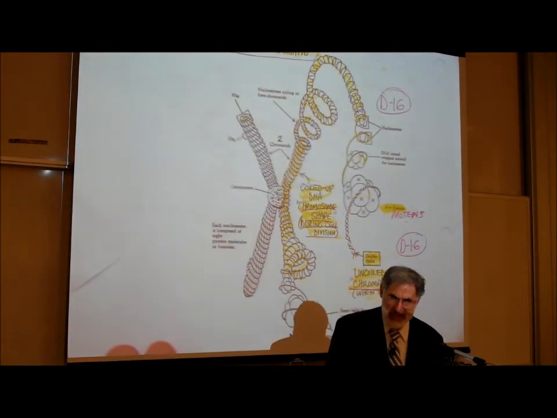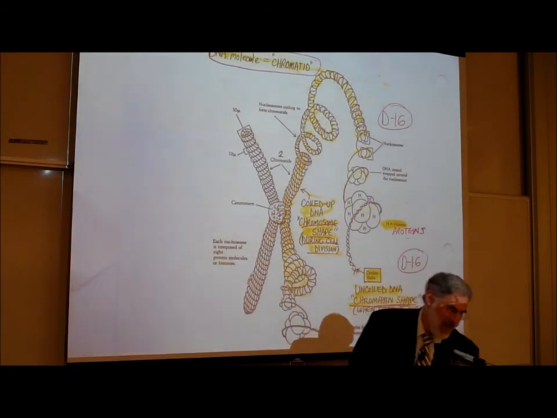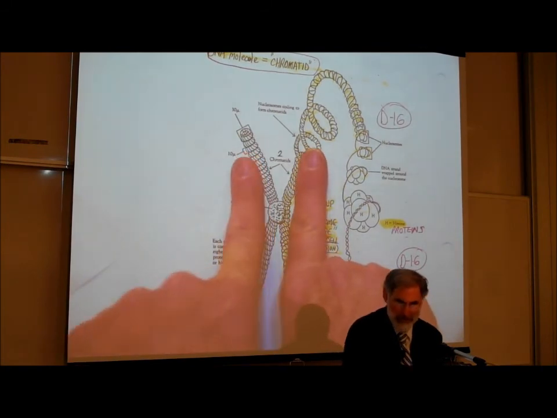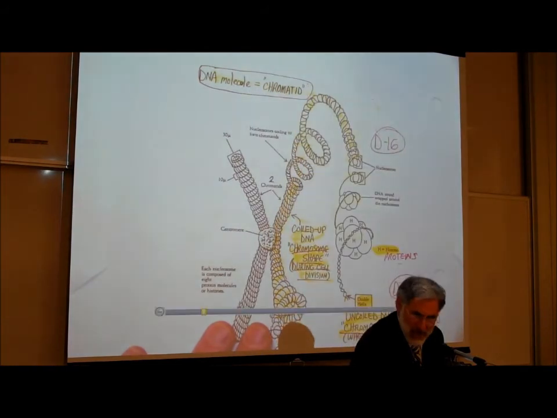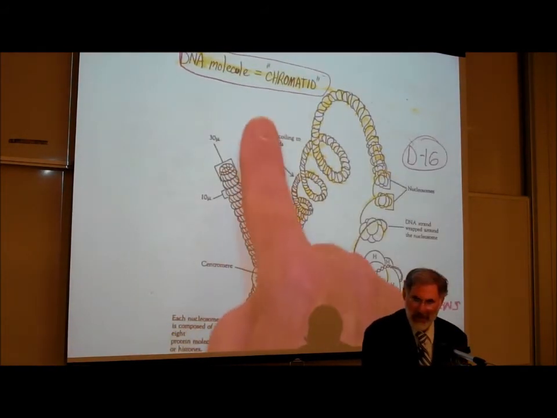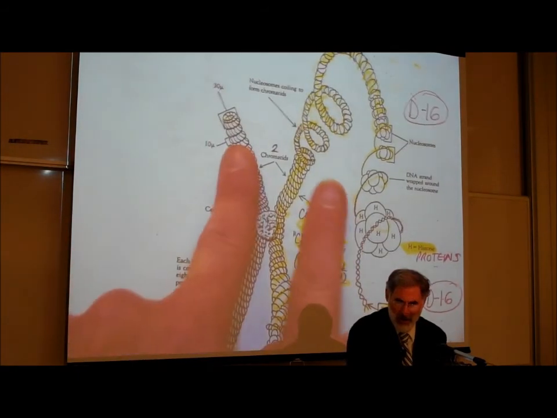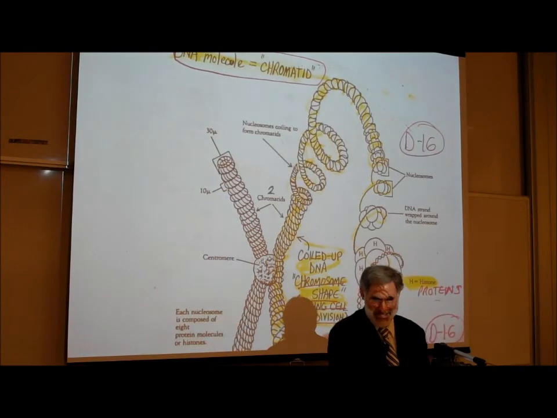On page D16, what we're now looking at are two chromatids. You'd say, whoa, what are chromatids? We wrote right up here, a chromatid is another name for a DNA molecule. So what we see right here are two identical DNA molecules, or chromatids.